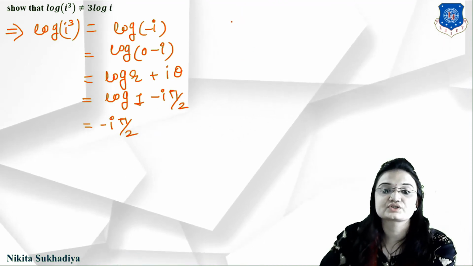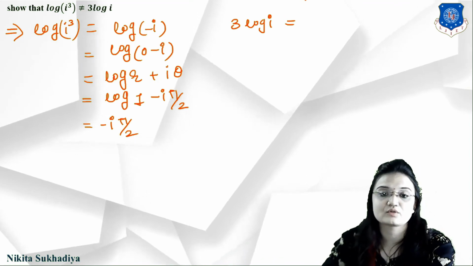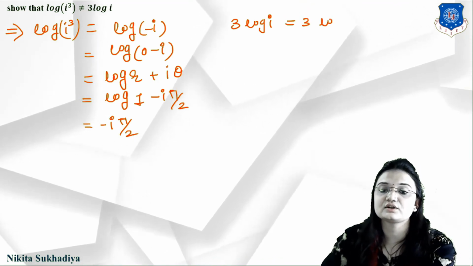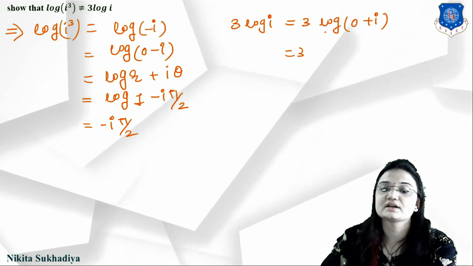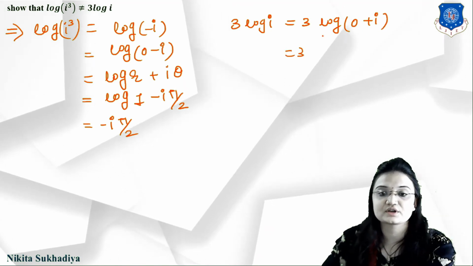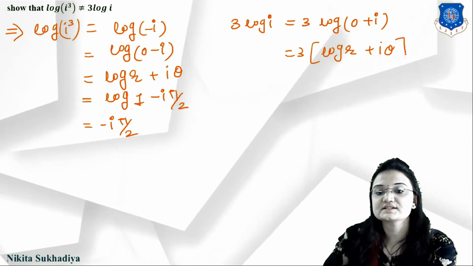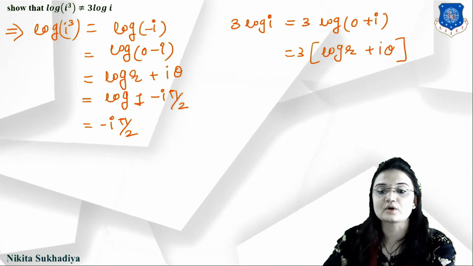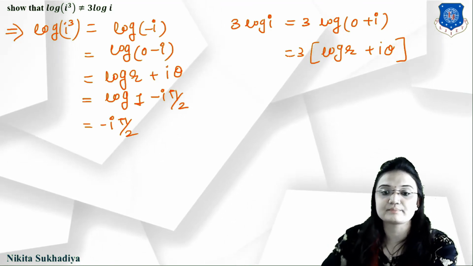Second is 3 log i. Our RHS is 3 log i, which is nothing but 3 log(0 plus i). 3 is common and here we use the logarithm equation, log r plus i theta, where r for this complex number is 1 and theta is π/2.